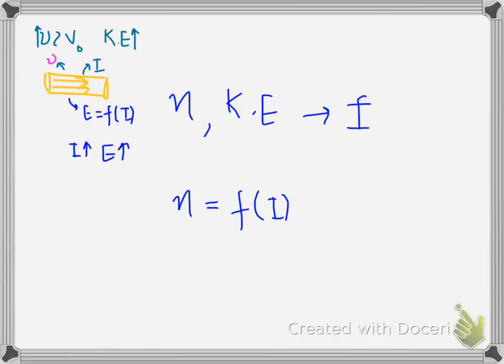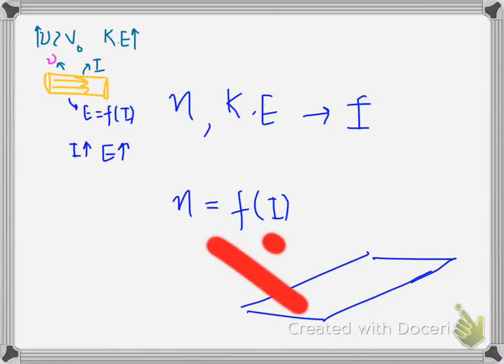Taking an example of this, we can assume red light. Let's suppose we have a beam of red light like this. First we'll draw a plate like this. This is a metal plate that we have, and a beam of light is coming.